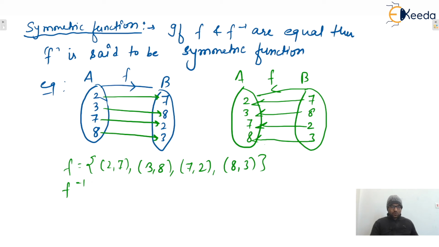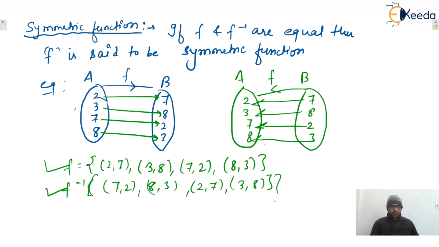In the inverse also, 7 is mapped with 2, 8 is mapped with 3, 2 is mapped with 7, and 3 is mapped with 8. So here you can see both functions are exactly the same. So we can call this function a symmetric function.